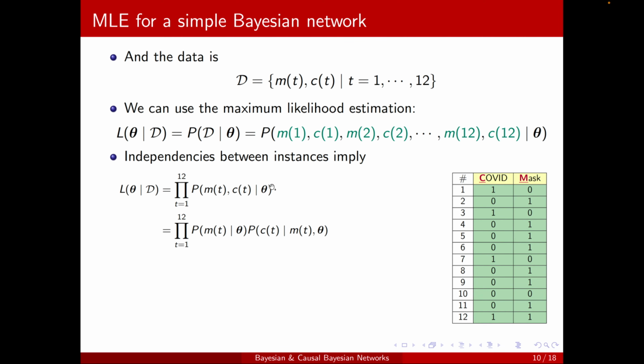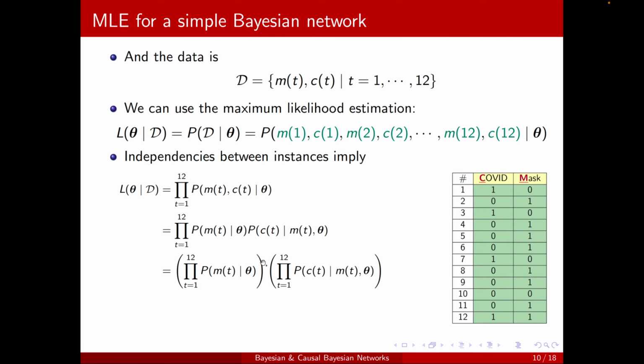If you ignore theta for a moment, you will see it's just writing the joint probability of M and C as P of M times P of C conditioned on M. So nothing new there, and I can write this as the multiplication of these two terms: first multiplying the first term over all the 12 instances, and then the second.